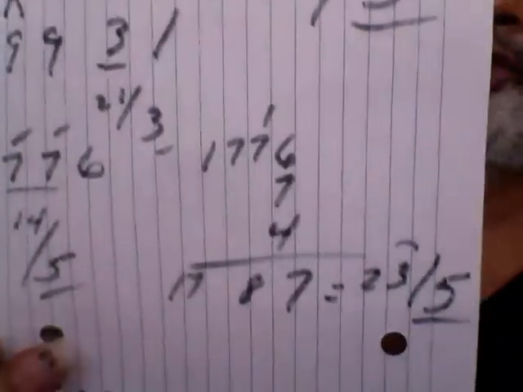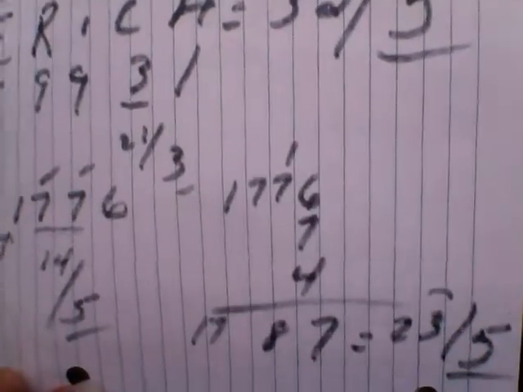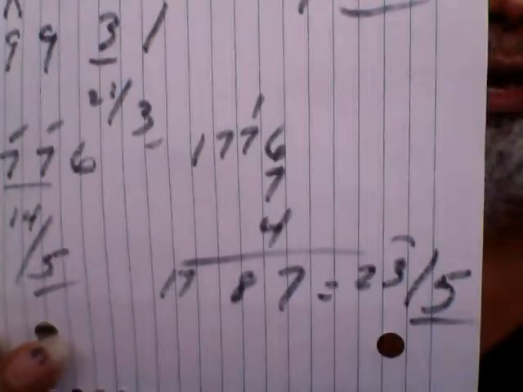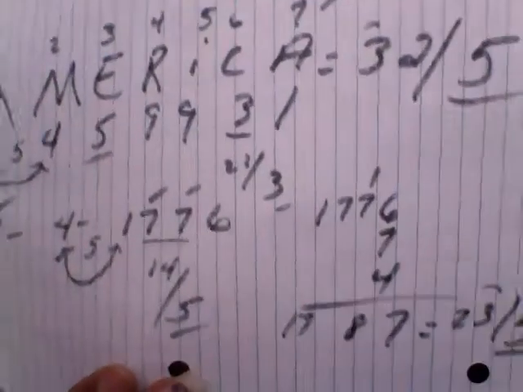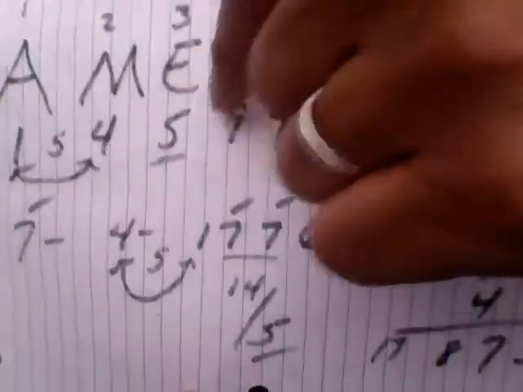Now, this 2 energy is also talking about America. These 9s mean that America is a mini world. All nations are represented here in America because we are a melting pot. We are a melting pot. And this is what these 9s are representing.